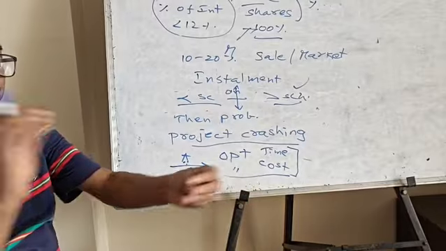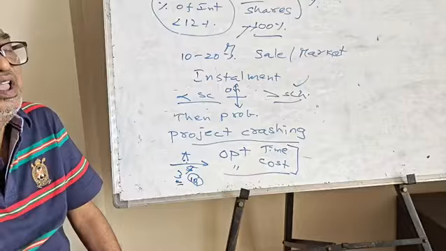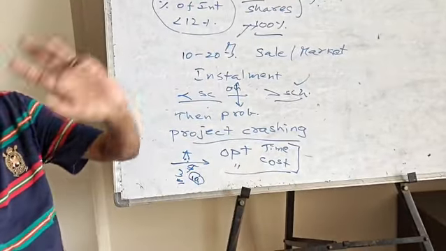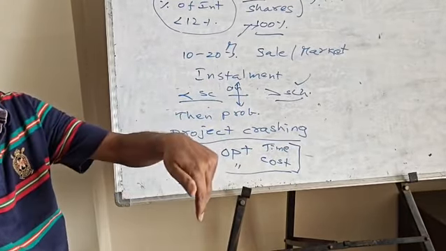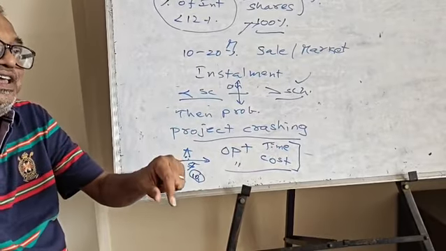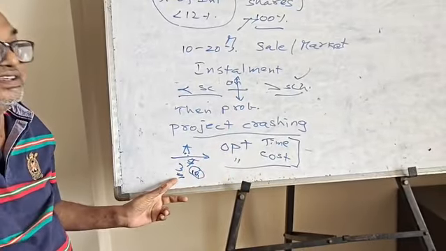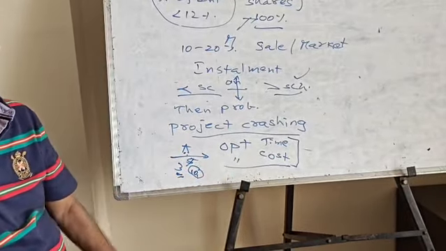If you pump in more resources, suppose it is like one person digging 1 cubic meter, he will take maybe 2 days. If you put 2 people, they will complete it in 1 day. So what I mean to say is, the quantity of the work has not been reduced, but by increasing the resources, you have reduced the project time.